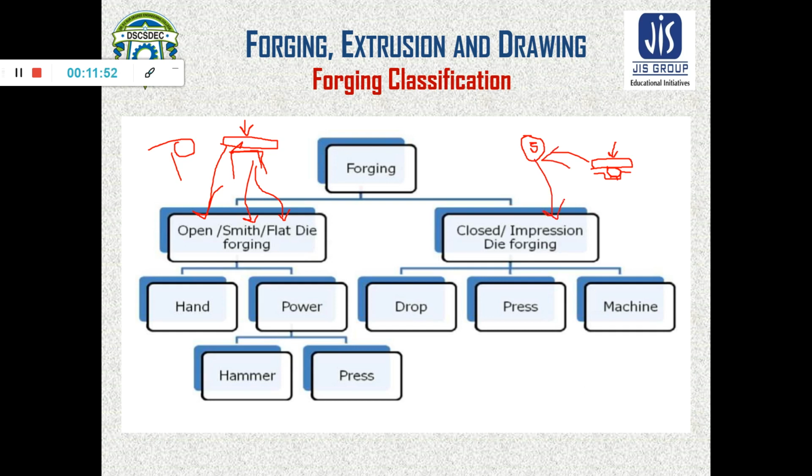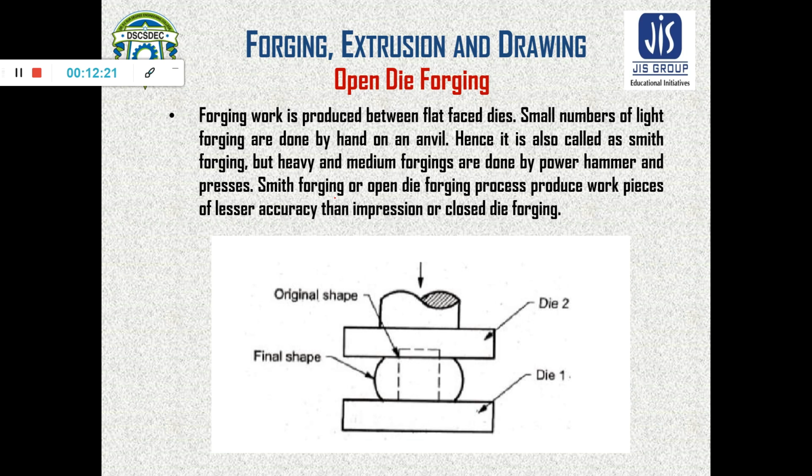And similarly, the procedure is done in a closed die cavity, and the force is applied above the die. So this is the difference, these are the two different processes, open die forging and closed die forging. In case of open die forging, now we will see detailed classification.